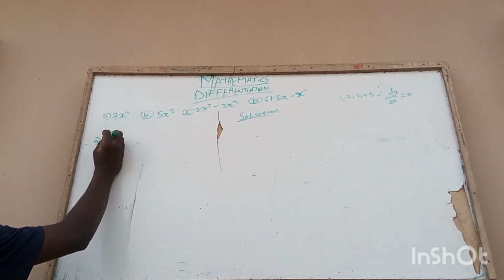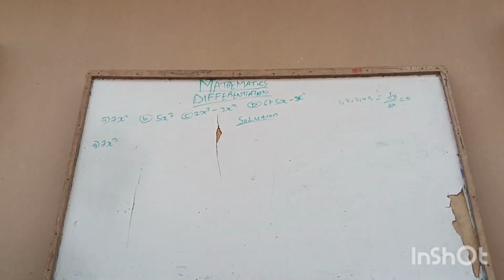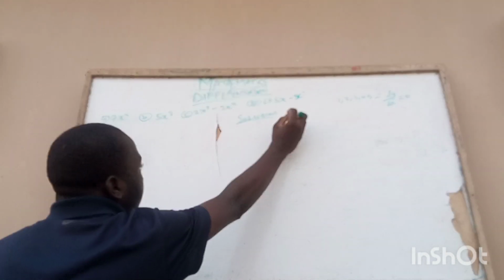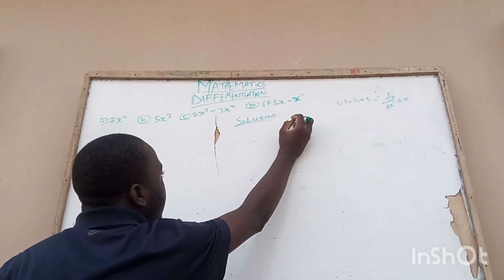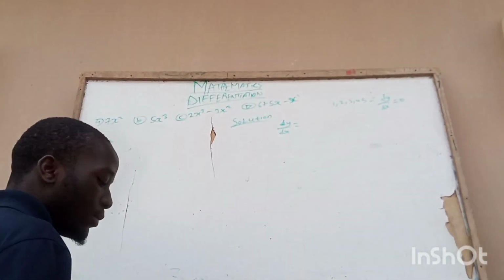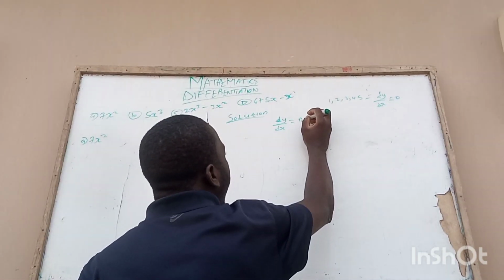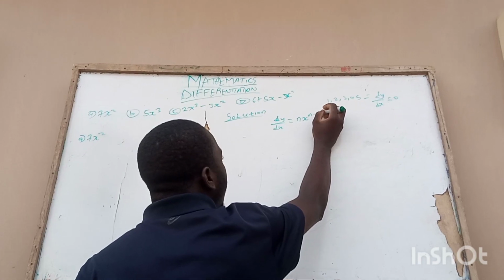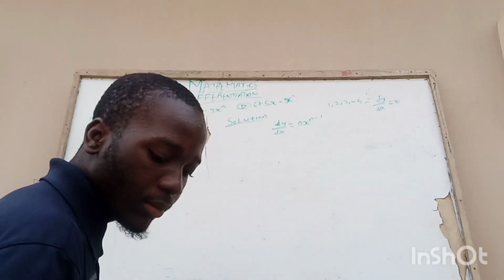A, we have 7x squared. So going by our formula, dy/dx is equal to n x raised to power n minus 1.